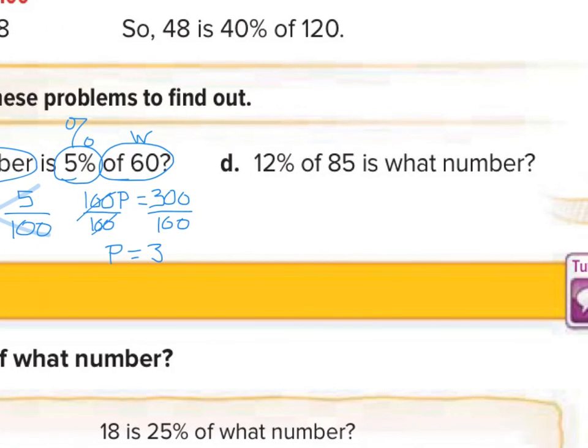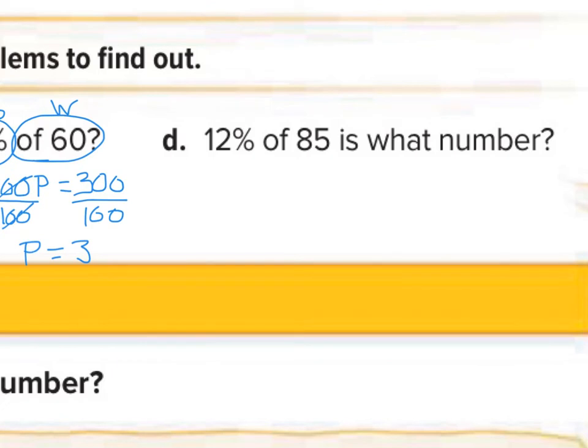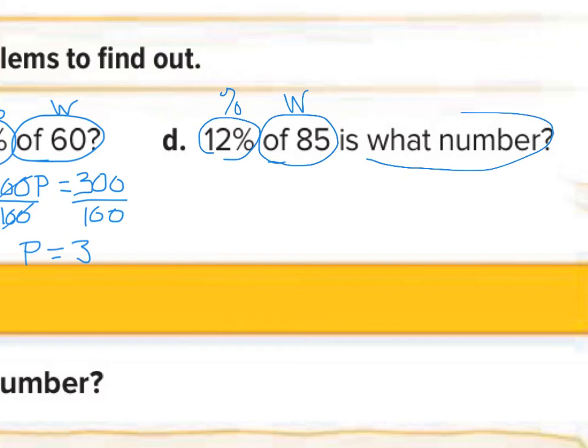Moving on to problem D now. We see that we have the percent, and it looks like we've got the whole right here of 85. That would be the whole, and once again, we are looking for the part. So we're going to put P over 85 equals 12 over 100, and you're going to do your cross products now.